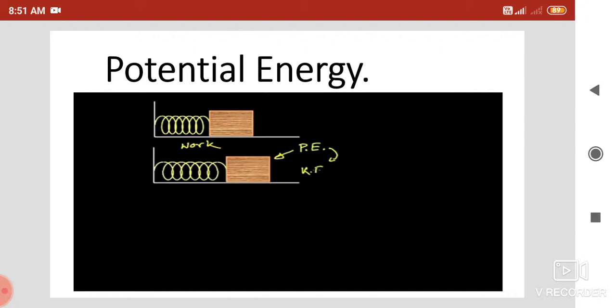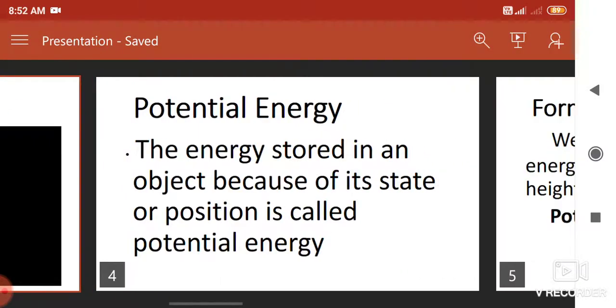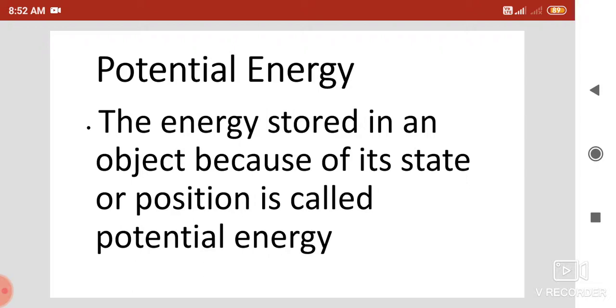So without applying force, the spring goes to its original position. The energy stored because of its position, or state, is called potential energy.